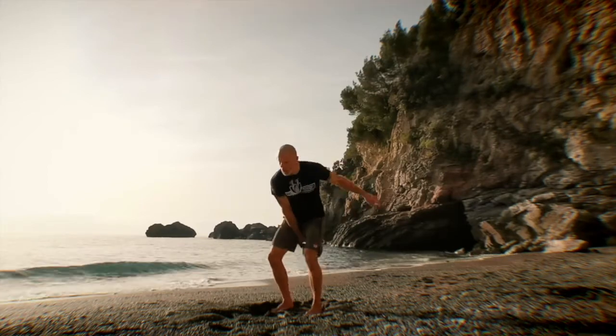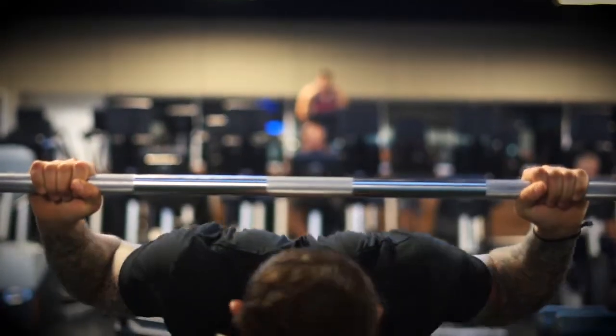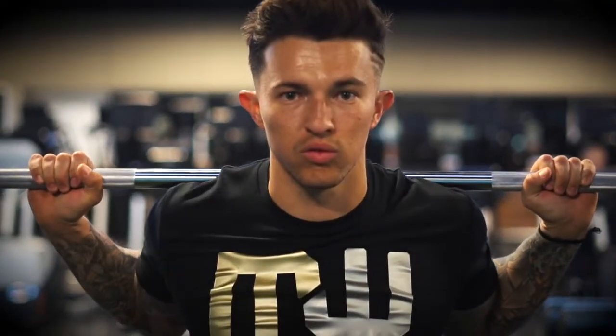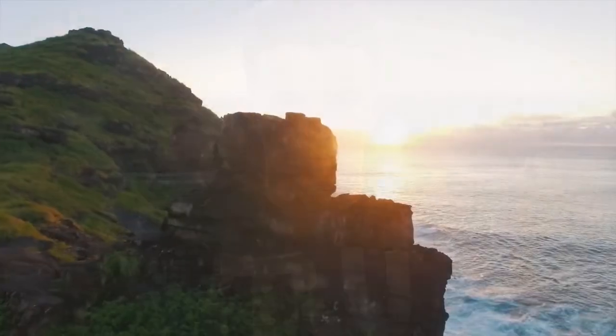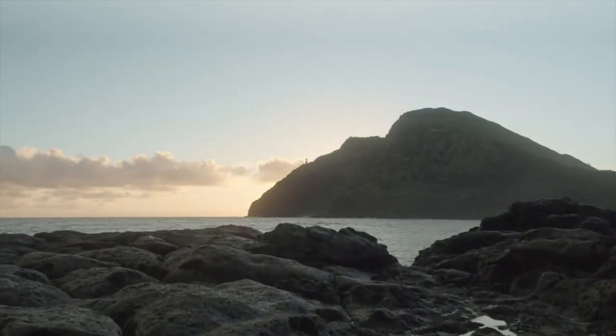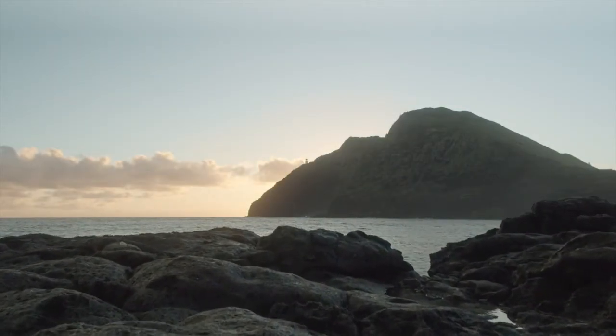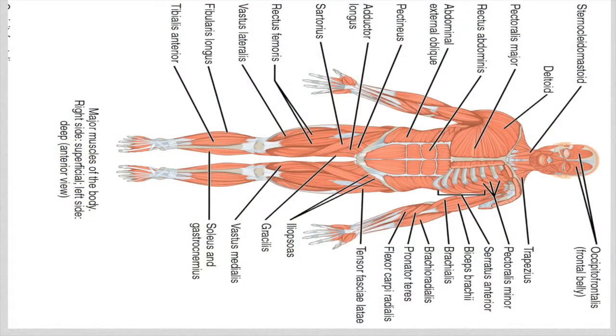The physiology or function of the muscular system. The main function of the muscular system is to assist with movement. Muscles work as antagonistic pairs. As one muscle contracts, the other muscle relaxes. This contraction pulls on the bones and assists with movement.